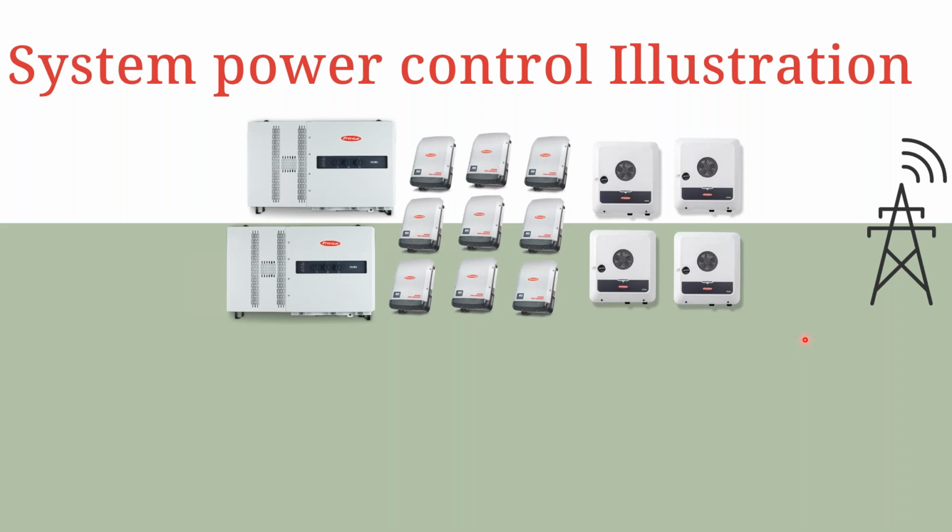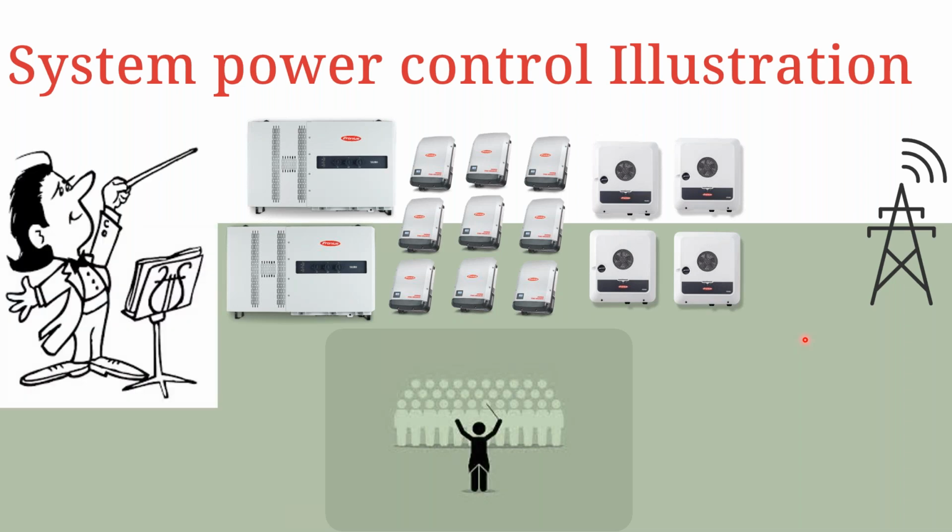In order to make this clear, I would want to relate it to, say, an orchestra or a choir gathering. The orchestra wouldn't actually perform properly if there isn't a choir master or a conductor. With a conductor, you get the right output, the right symphony from the system.